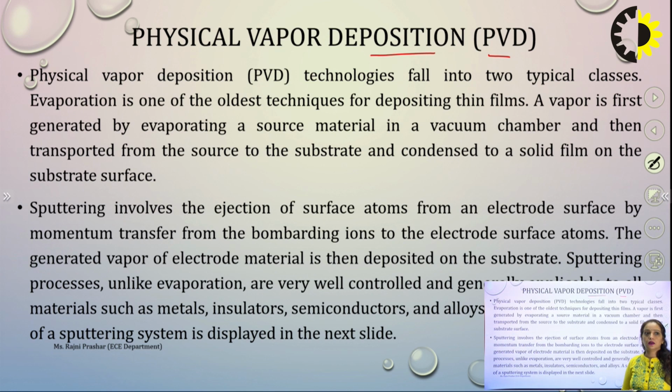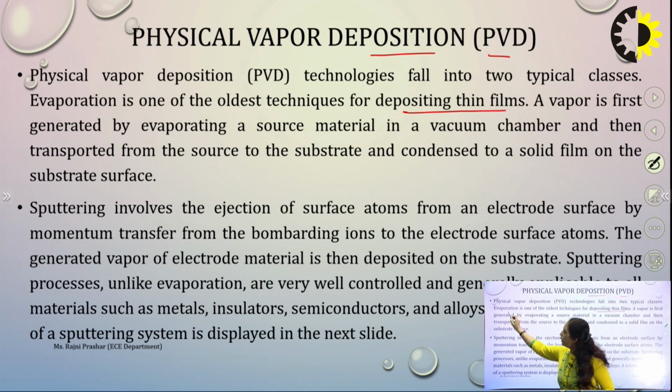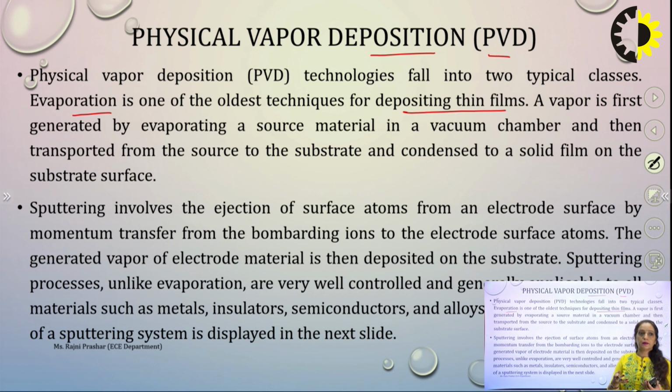Evaporation is one of the oldest techniques used for depositing thin materials. If you have some material, you evaporate that material up to a certain temperature, and that material is allowed to condense. That process is known as simple physical evaporation.